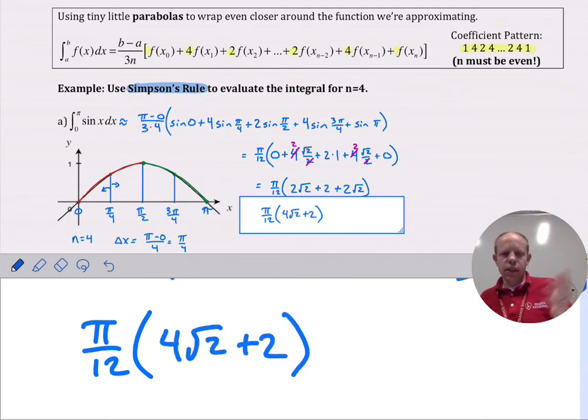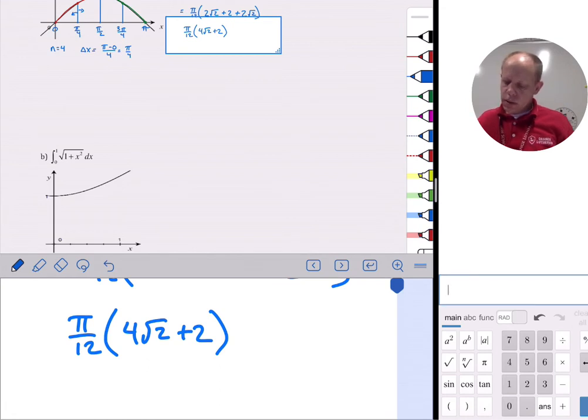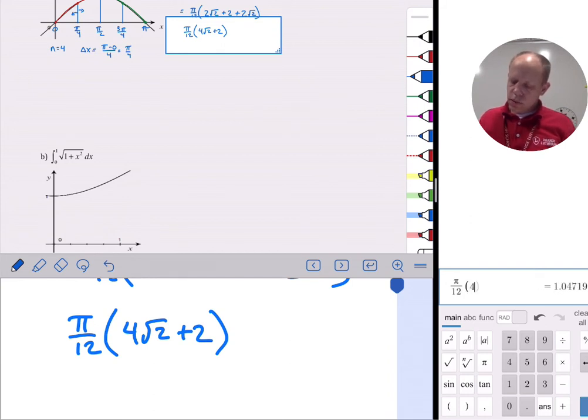This might be a little bit easier to type into your calculator. So again, make sure you're in radian mode: pi over 12 times 4 rad 2, get out of the radical, and plus 2.